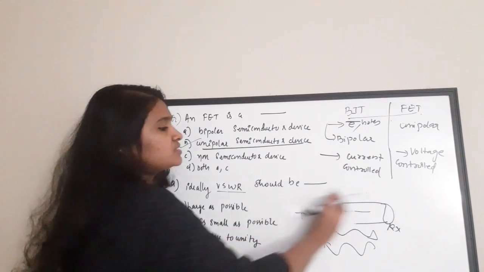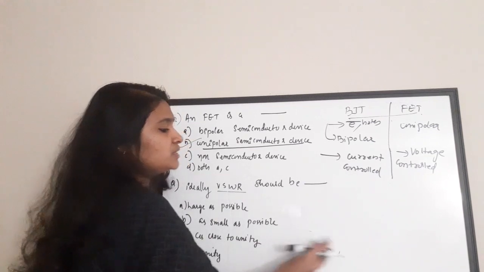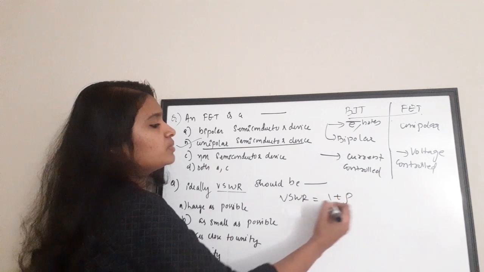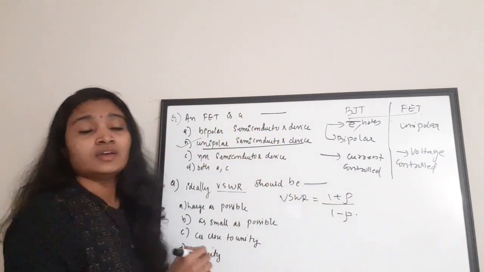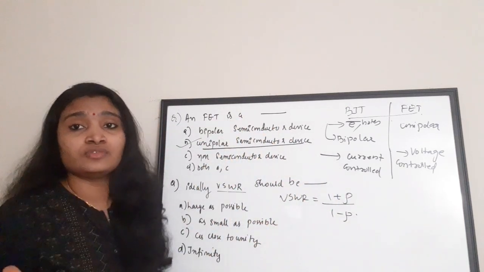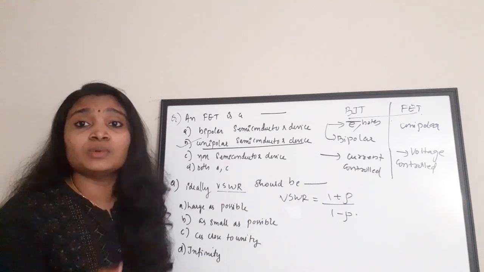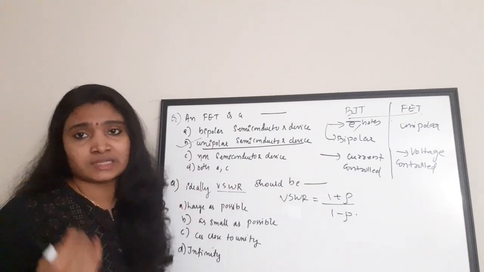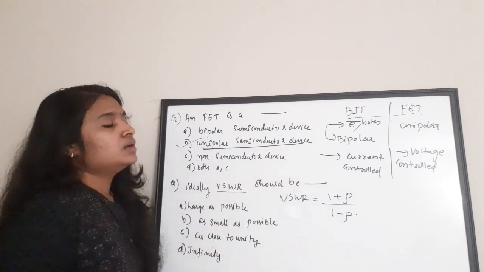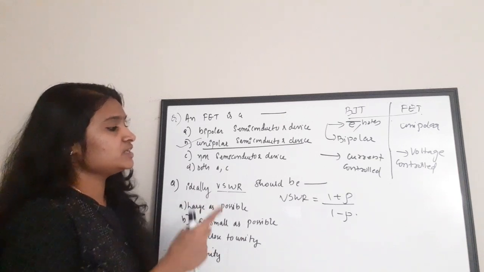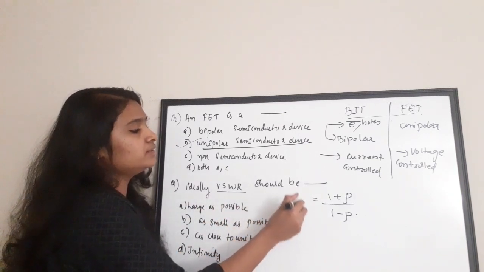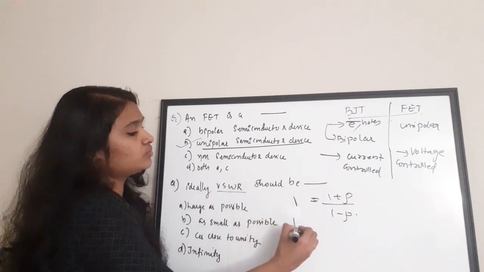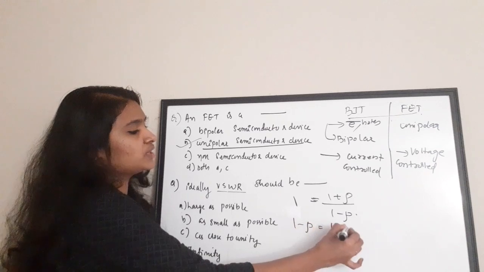The value of VSWR is calculated from the equation VSWR is equal to (1 plus rho) by (1 minus rho), where rho is called the reflection coefficient. As I said earlier, VSWR is created due to the reflection of waves back to the source side. So if VSWR is equal to 1, what will happen? If VSWR is equal to 1, then 1 minus rho is equal to 1 plus rho, right?